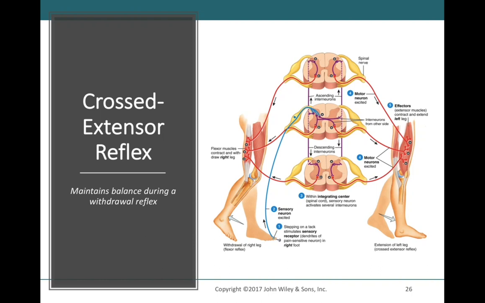So the flexor withdrawal crossed extensor reflex is another reflex that provides our body protection and helps us to maintain homeostasis. When we step on a tack, that can potentially damage our tissue on the bottom of our foot. So it's important that we can remove ourselves from that situation as quickly as possible to minimize any damage that might occur. So reflexes in general are one of the major functions of our spinal cord, and that helps us to maintain our body's homeostasis.